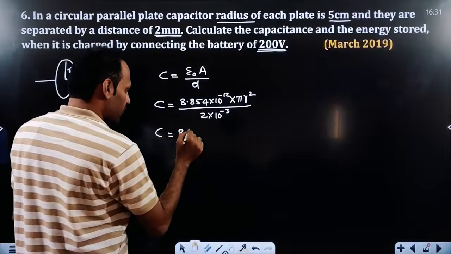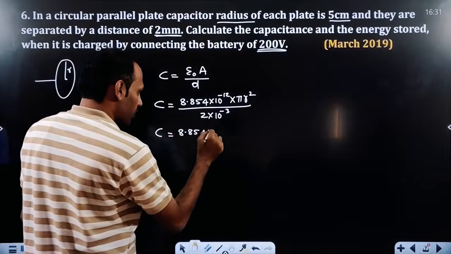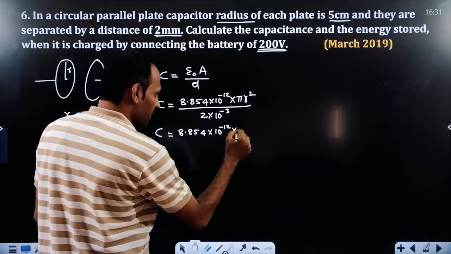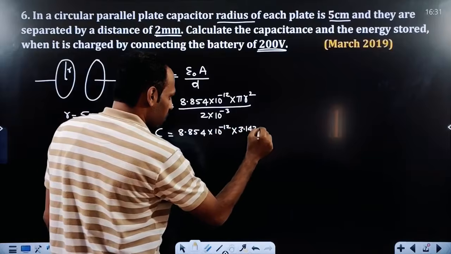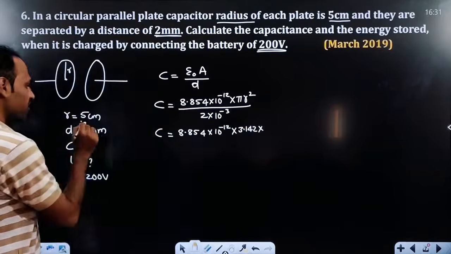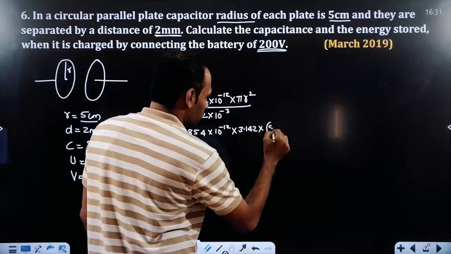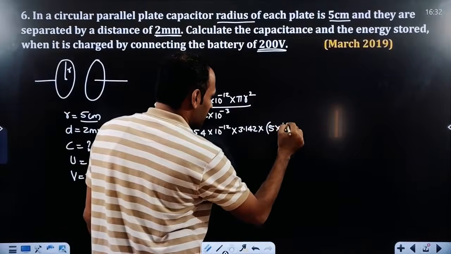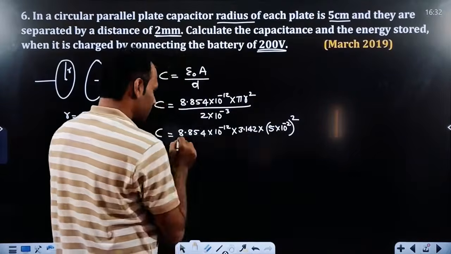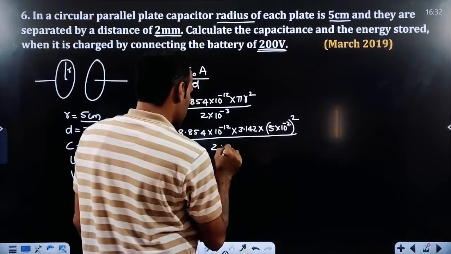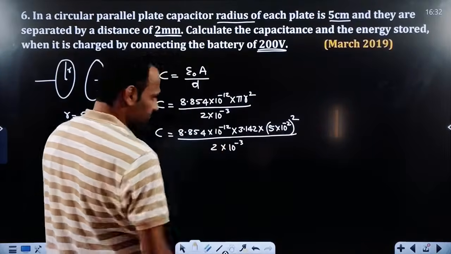So I will get 8.854 into 10 to the power minus 12 into pi, where pi is 3.142, into r square. R is 5 cm, which in meters is 5 into 10 to the power minus 2, whole square, divided by 2 into 10 raised to minus 3.